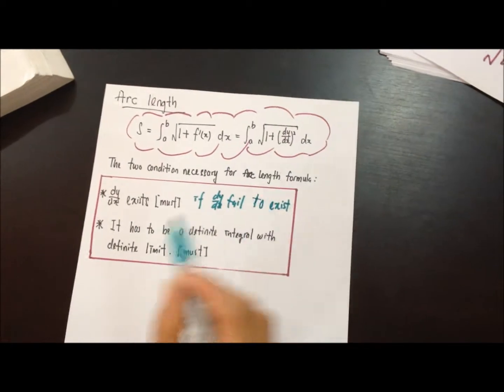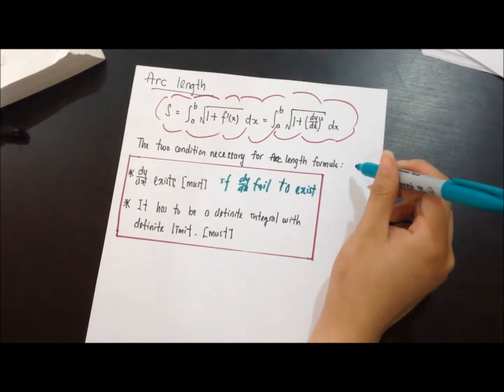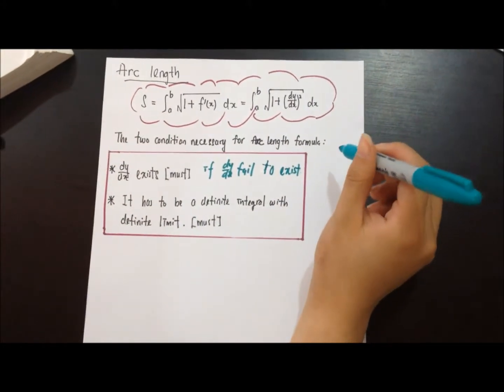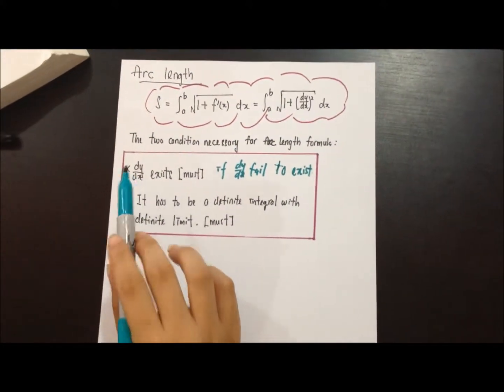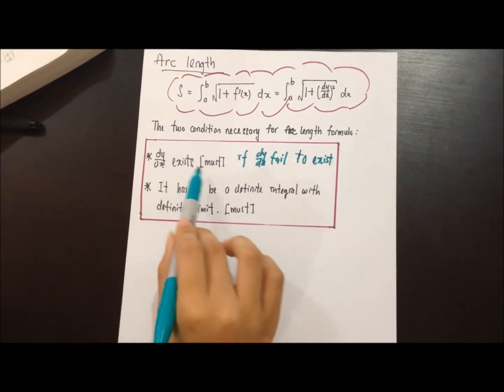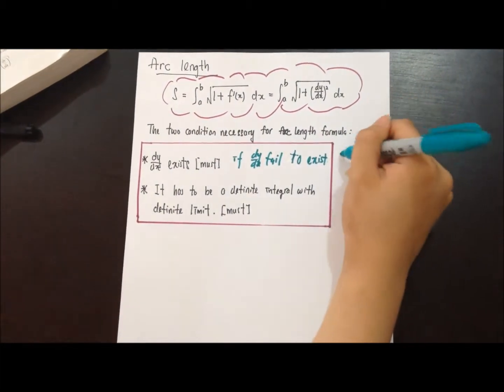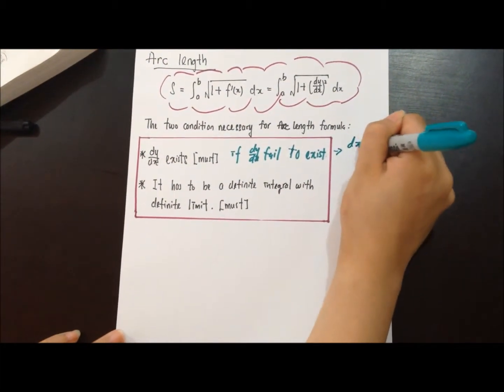In this integration form, we have two necessary conditions for the arc length formula. First, dy/dx must exist at every point. If dy/dx fails to exist, then we need to change it to dx/dy.